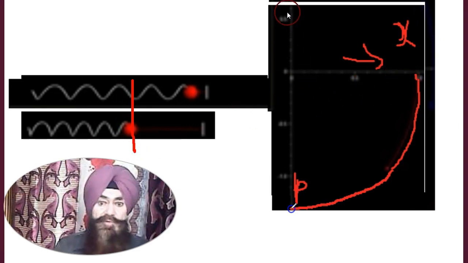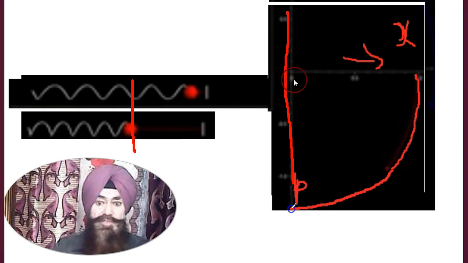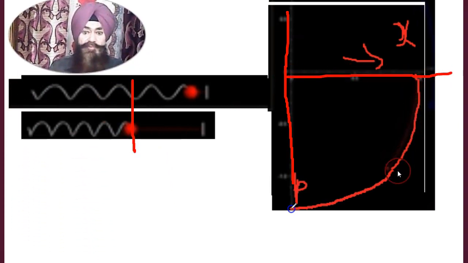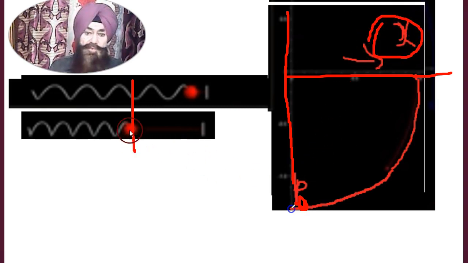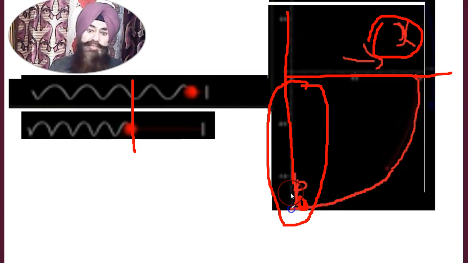And at the mean position, the curve has moved like this trajectory. That means when you are here, x is equal to 0. At the mean position, no x, but momentum in magnitude is maximum, or the velocity is maximum.